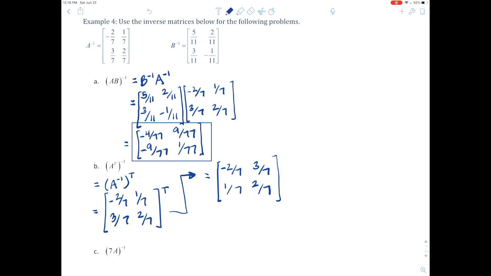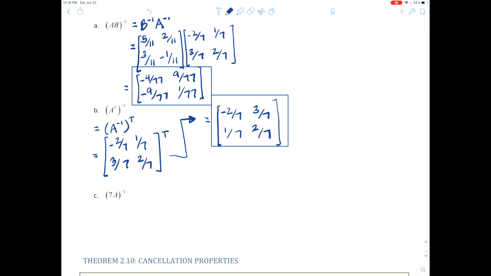Groovy? All right. Next up, quantity 7 times A, that product inversed. Well, using our properties, this is going to be 1/7 times A inverse. Well, don't we know what A inverse is?